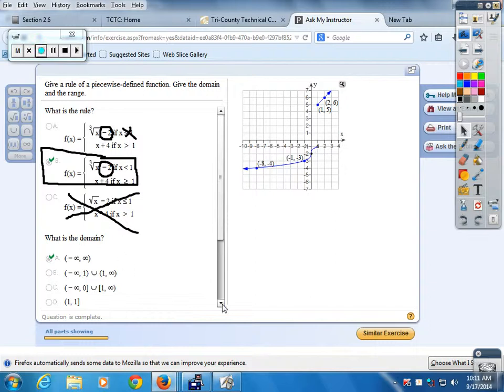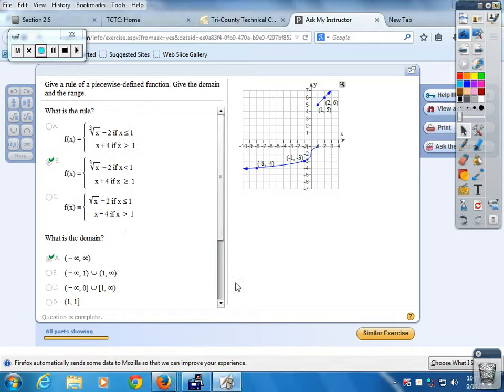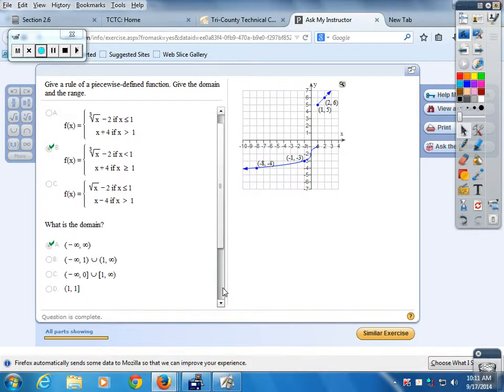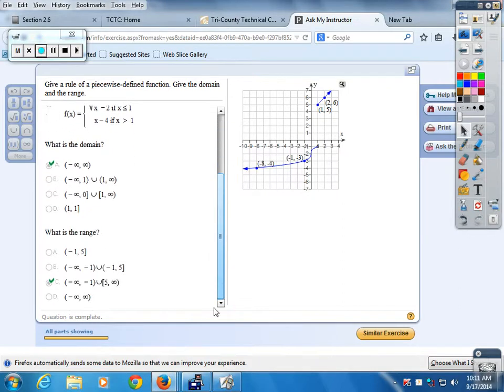So your range, which would be the next question they're probably going to ask, is right there. Negative infinity to negative 1, and then 5 to what? To infinity. So that's your answer there.